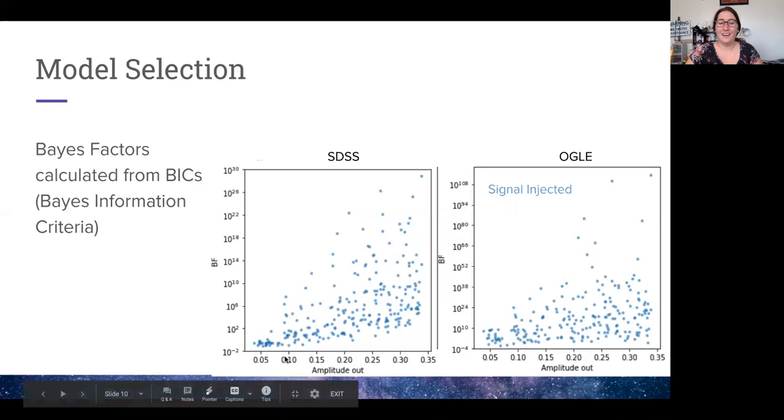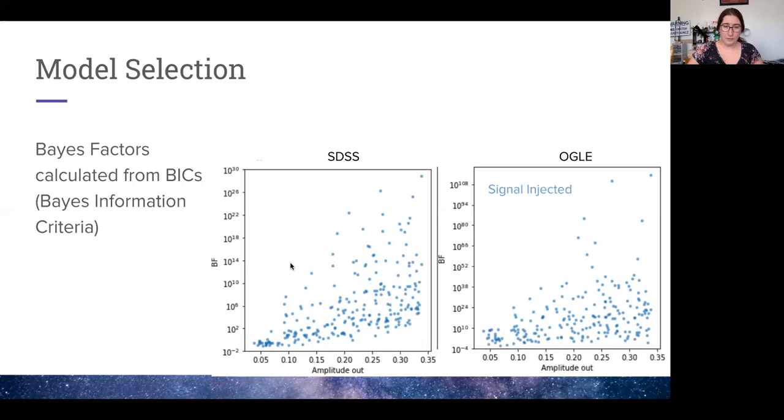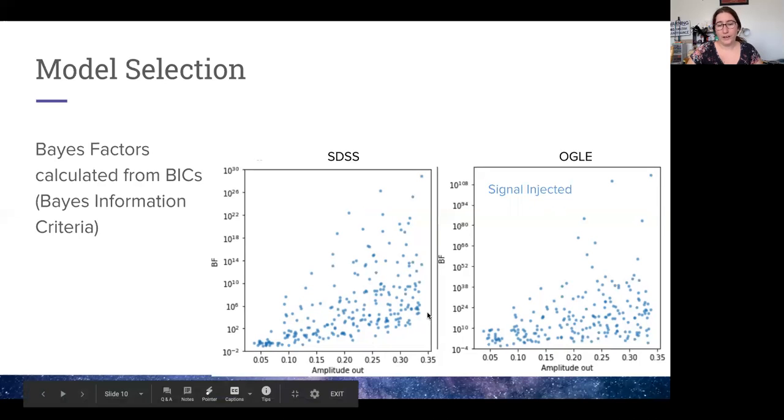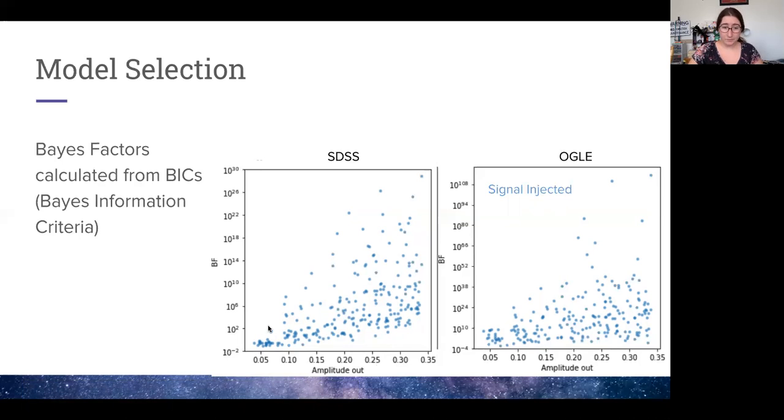So you can see here, I'm plotting the amplitude recovered by the MCMC versus the Bayes factor that we calculate for the model, or for the given light curve. And you can see for very high amplitudes, we get a nice high Bayes factor. And for low amplitudes, we tend to have a lower Bayes factor, but still not tiny. And these are all for simulations that have had a signal injected.